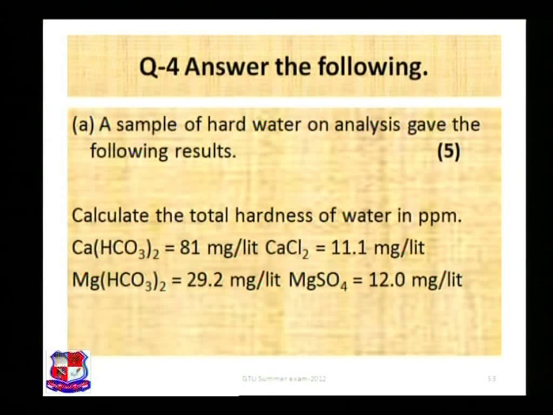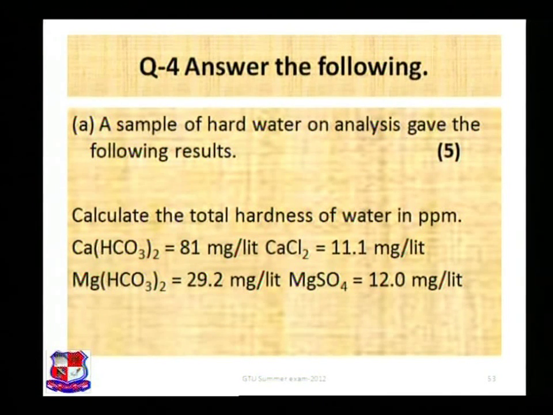Read the sum. What does it state? A sample of hard water on analysis gave the following result. We have to calculate the total hardness of water in ppm. We are given calcium bicarbonate, which is 81 milligram per liter.